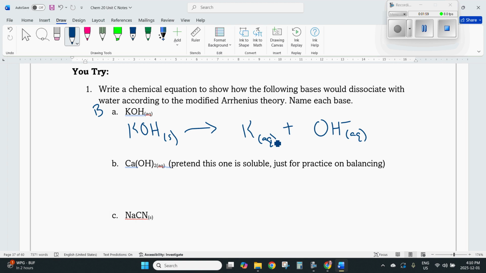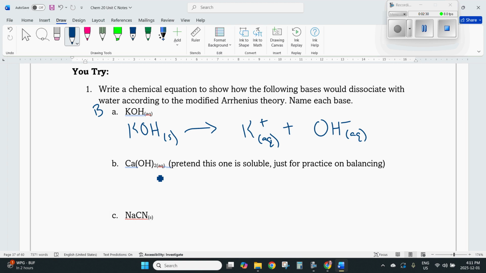You can either use the data booklet, or you can use the fact that we have a 0 charge on the reactant side, and we need to make a 0 charge on the product side. So right now I have an overall -1, so K would have to be positive in order to balance it out to a 0 charge. Okay, so our charges are balanced out. I have 1 K, 1 O, 1 H, and on the reactant side, I also have 1 K, 1 O, and 1 H.